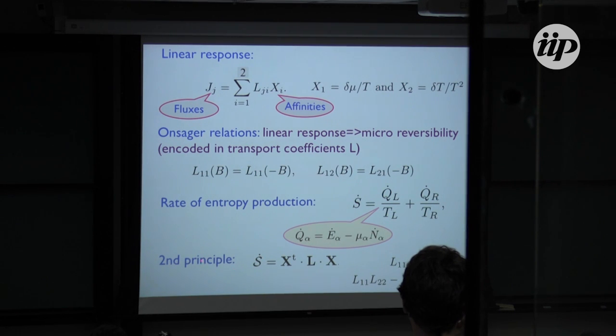In order to satisfy the second principle, we know that these transport coefficients must, on top of obeying these Onsager relations, be positive, the diagonal ones, and also the determinant has to be positive. So this imposes further constraints for the transport coefficients there.